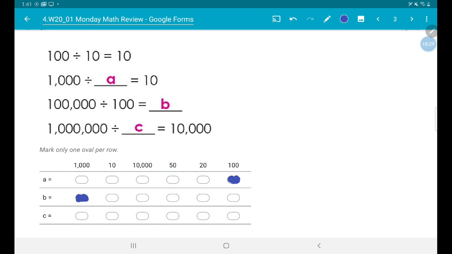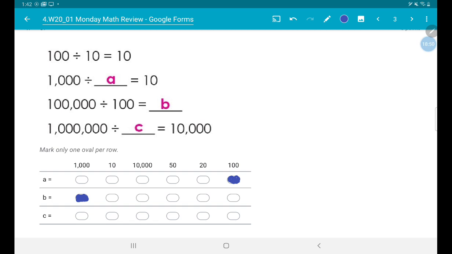All right. C, we have 1 million divided by what equals 10,000. Bryce? 10. I can take 4 of these zeros away. 10K is 10,000. So what's it going to be?